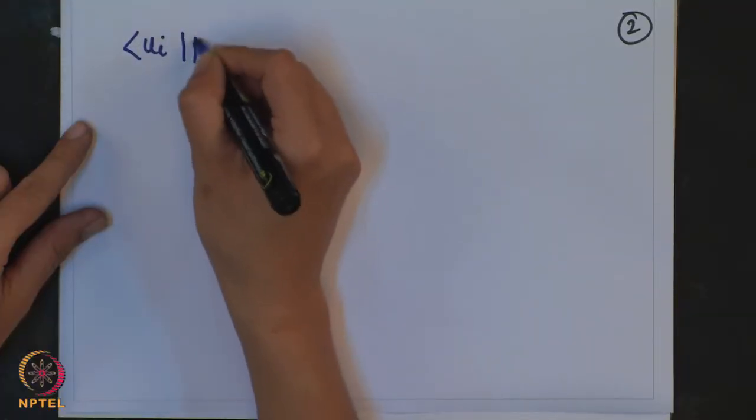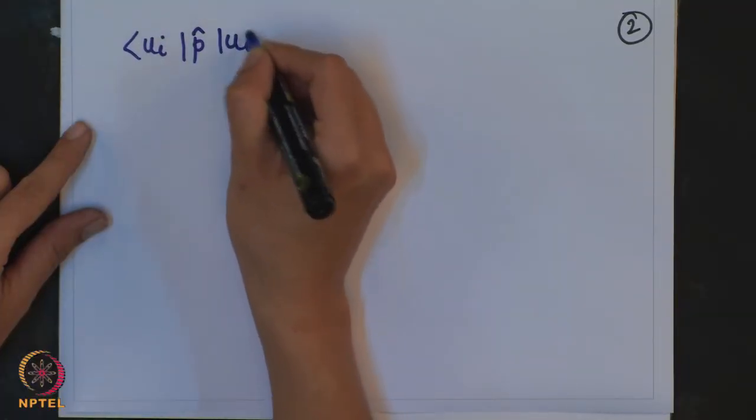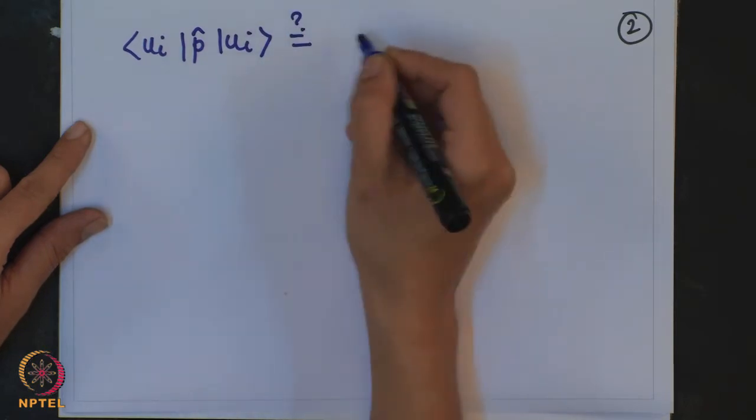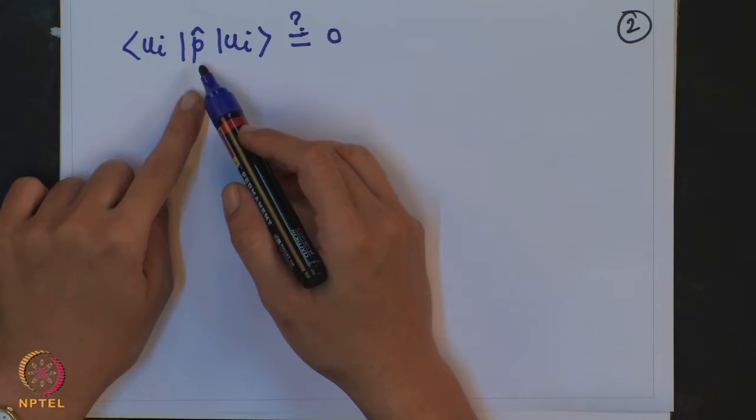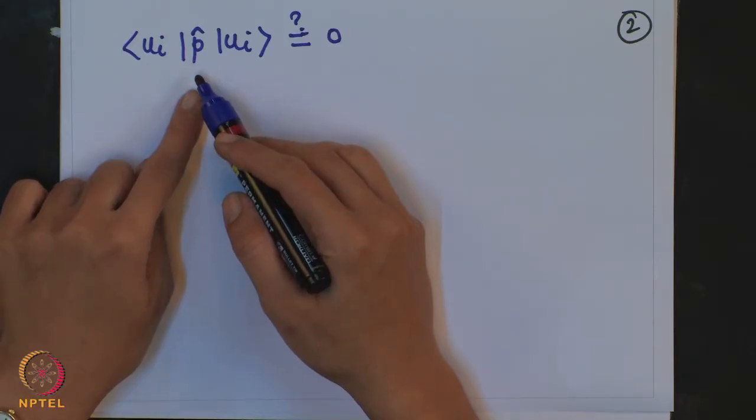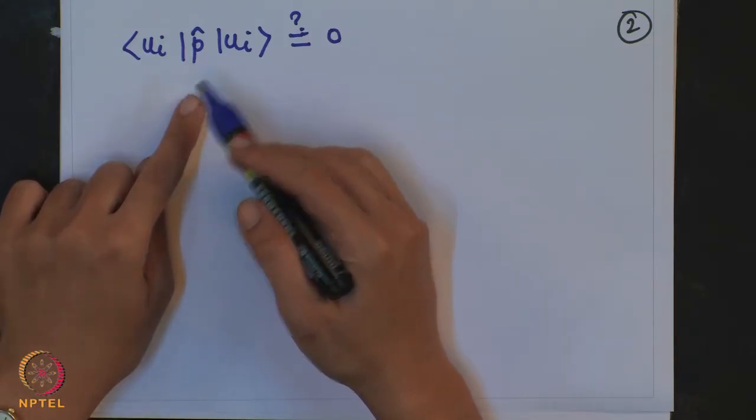The next part we will do is we have to calculate the quantity ui, p, ui. Now, this quantity you will obtain from doing some algebra. You have to use the previous result to obtain this result.